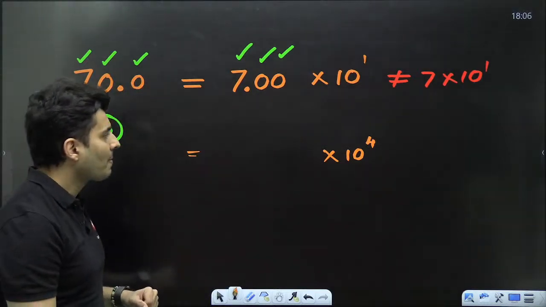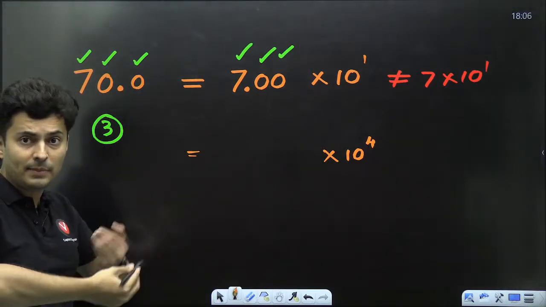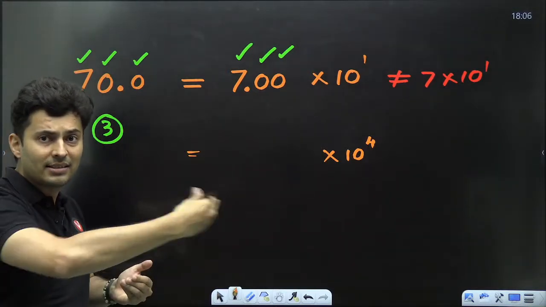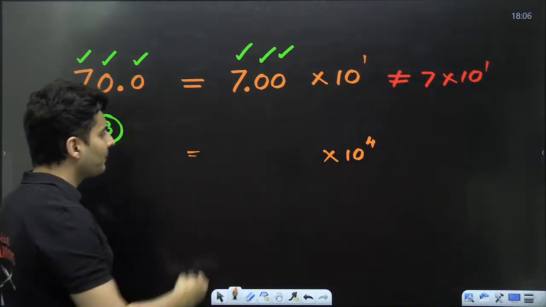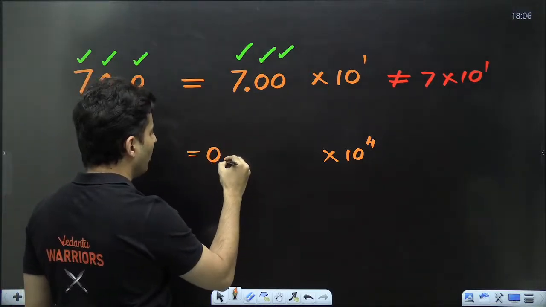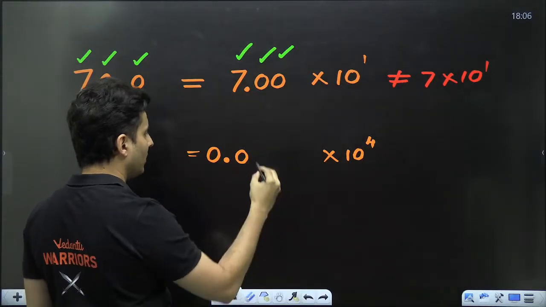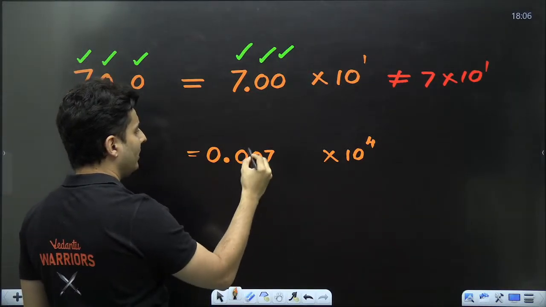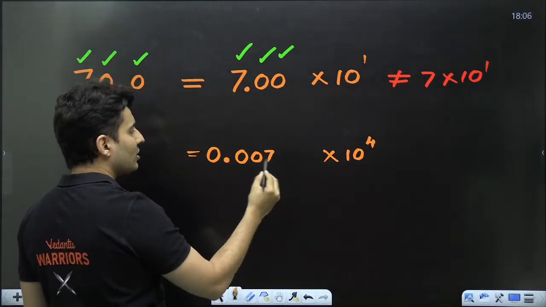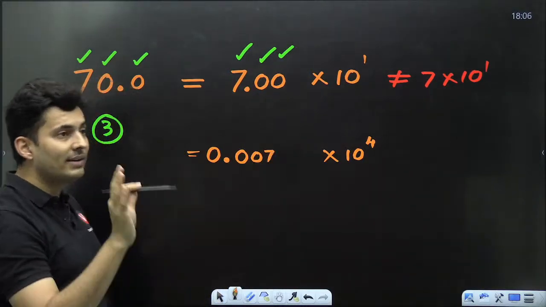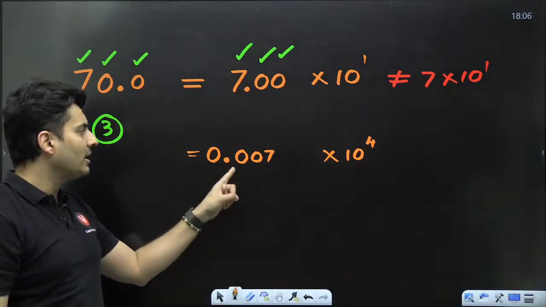The answer is yes. I have to shift the decimal by 4 places, then I will reach 70. So I will put it as 0.007. Then it will become equal to 70 value wise.